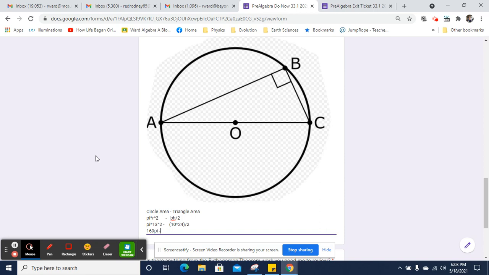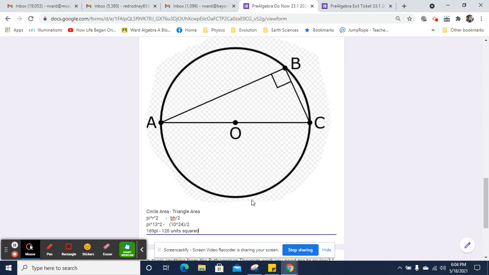And that's going to be minus, I can factor a 2 out of the 24, and we'll end up with 10 times 12. So that's minus 120, in units squared. And that is the exact form.